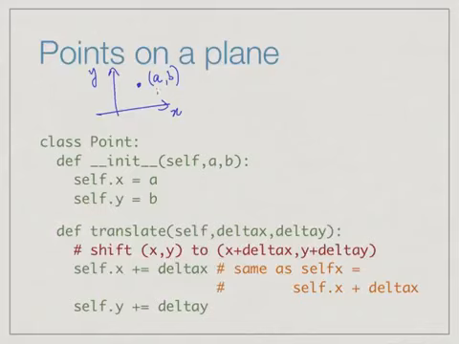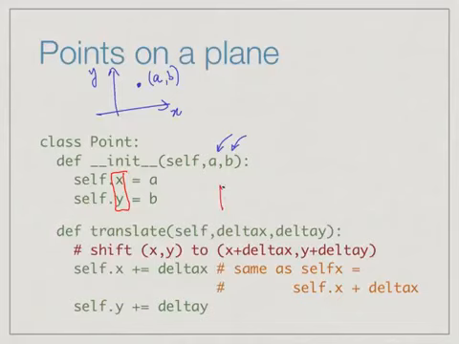This is a familiar concept that all of you must have seen in mathematics at some point. So we want to associate with such an object two quantities, the x coordinate and the y coordinate, and this is set up by the init function by passing the values a and b that you want the point to have. And now within the point we have these two attributes x and y.